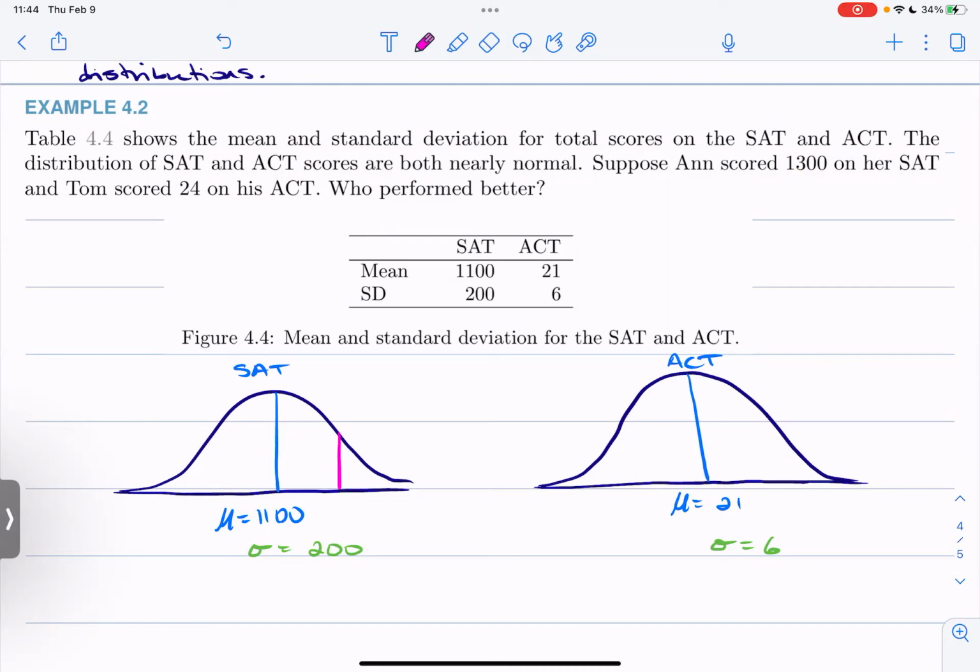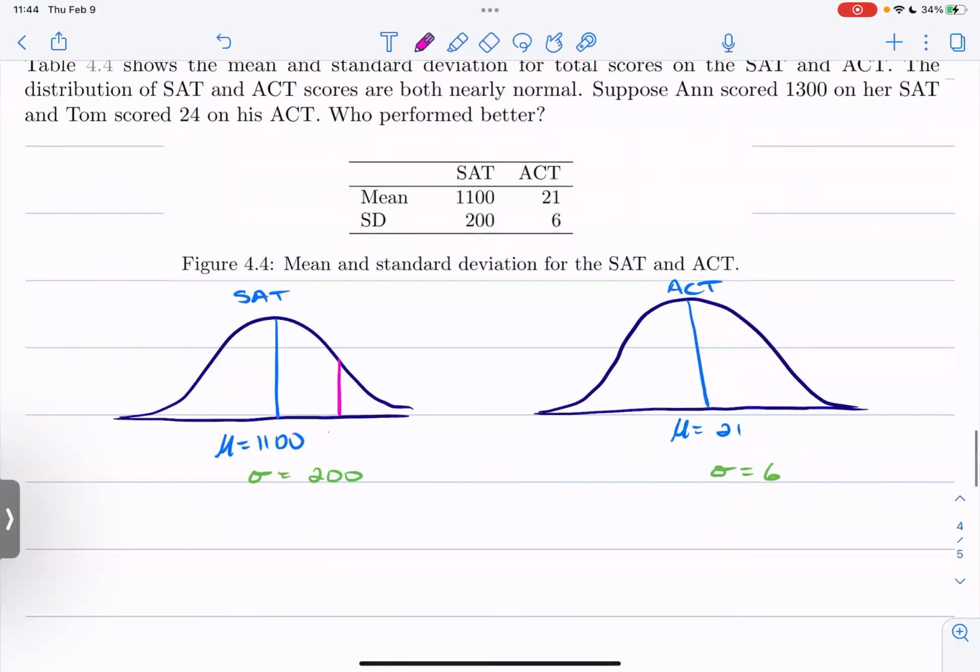And how I'm gonna denote this is I'm gonna have X, because that's the observation that I wanna talk about, right? A little bit overkill, but I'm gonna do a little subscript on here to remind myself that this is Anne's score, and that score was 1,300. I'm gonna do the same thing for Tom.